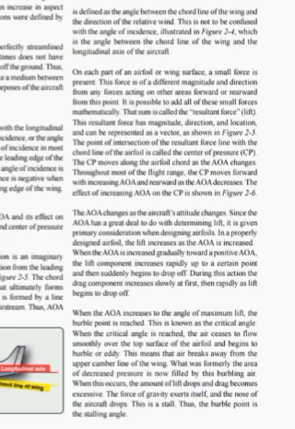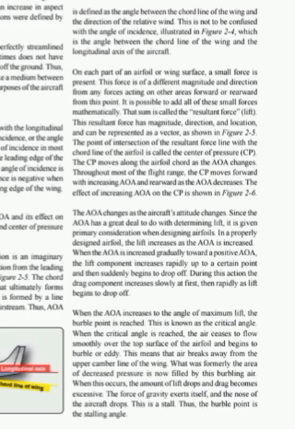This resultant force has magnitude, direction, and location, and can be represented as a vector, as shown in Figure 2.5. The point of intersection of the resultant force line with the chord line of the airfoil is called the center of pressure. The center of pressure moves along the airfoil chord as the angle of attack changes.